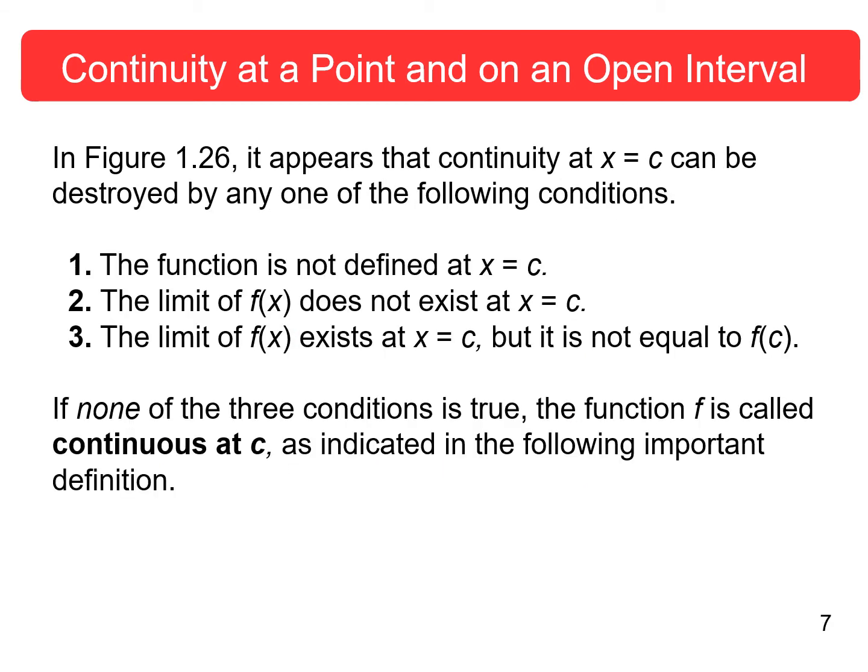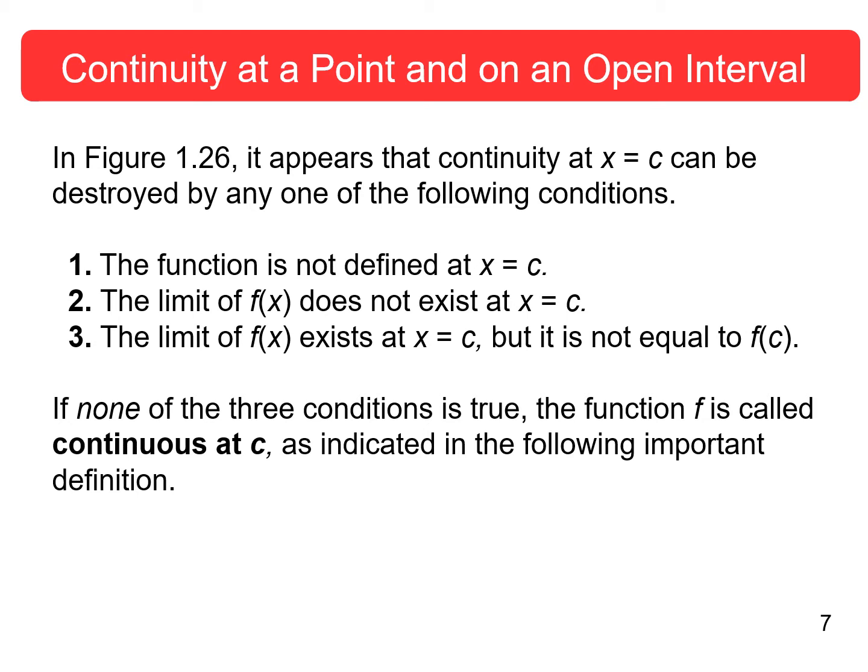From the previous slide, we've seen that continuity at x equals c can be destroyed by any one of the following conditions. First, when the function is not defined at x equals c. That means there's a hole on the graph.